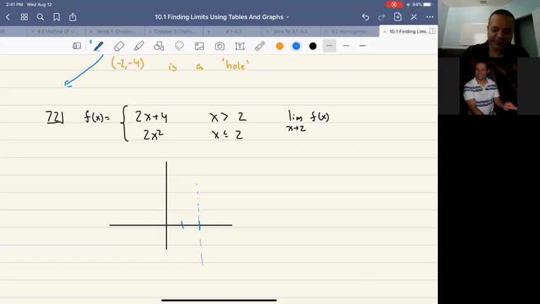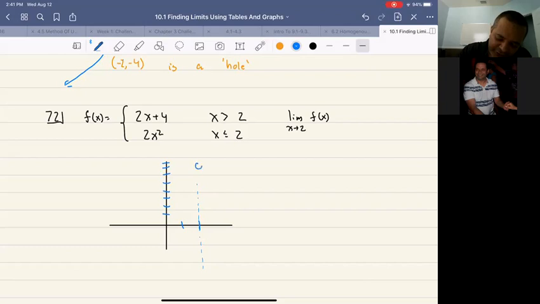Okay, it became less gentle as I went down farther. There we go. Okay, so now, when x is bigger than 2, I have 2x plus 4. What happens here when I plug in 2? If I plug 2 in here, I'm going to get 4 plus 4 is 8. So I'm going to go up to 8.